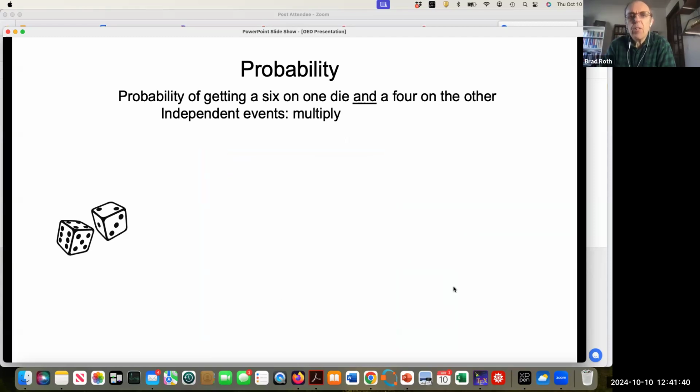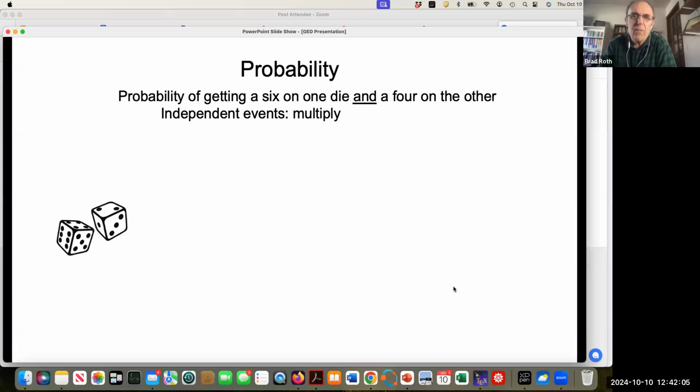But you can also have the word "and" come in. The probability of getting 6 on one dice, say the red dice, and a 4 on the other dice, a blue dice. Well, roll 1 dice and you roll the other dice. Those are 2 independent events, totally independent of each other. If you want the total probability, you multiply the 2. So the probability of getting a 6 on the first dice, I'll say the red dice, is 1 out of 6.